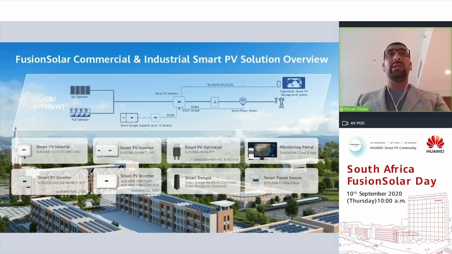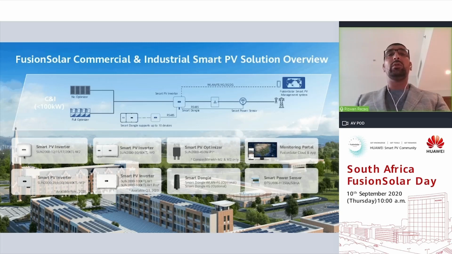From the inverter perspective, we have the 12 to 20 KTL inverters, which have 2 MPPTs and 4 inputs. And then we have our new latest product, which has just been released in H2 this year, which is the SUN2000 30 to 40 KTL-M3 range.